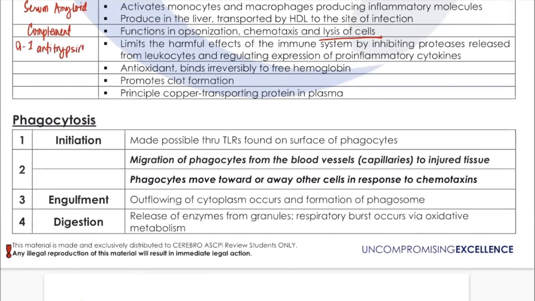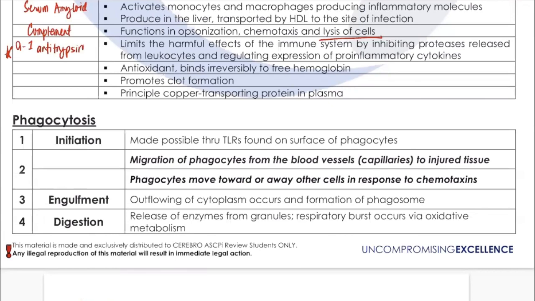Okay? So pakilagyan na yan ng star because this is another favorite question in the ASCP exam, na yung parating recall question dito is ano daw yung sakit na pwede kang magkaroon if you have a deficiency of this substance. So take note that it protects us from the proteases that are released by leukocytes during inflammation.